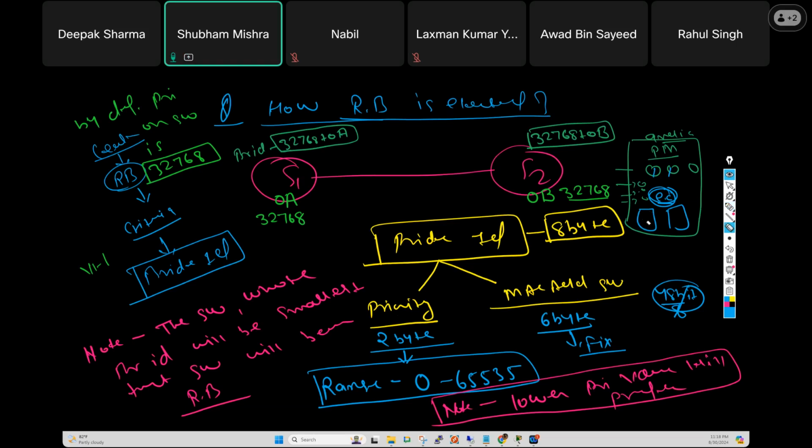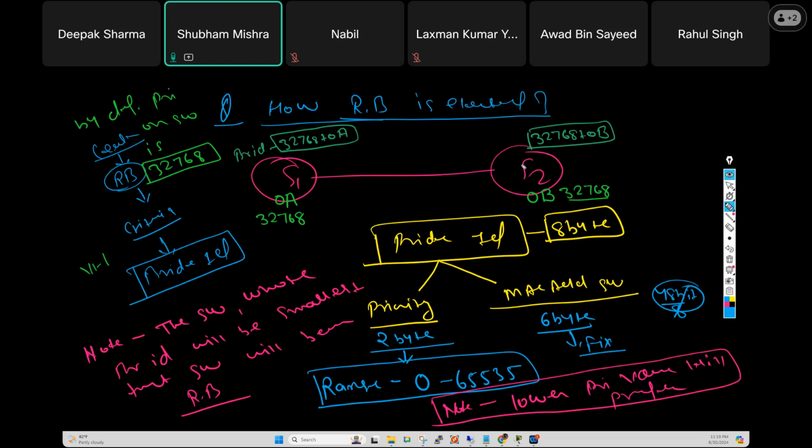Similarly, if there is switch number 1 and switch number 2, switch number 1 already knows its own bridge ID and switch number 2 already knows its own bridge ID. But the problem is that switch number 1 doesn't know the bridge ID of switch number 2, and switch number 2 doesn't know the bridge ID of switch number 1.